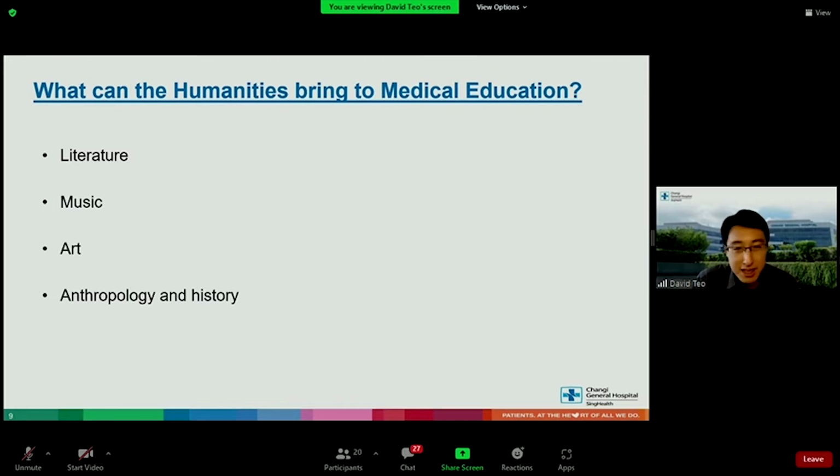And then we go on to art. I think art interpretation has also been written about in the literature. It can foster greater teamwork, improve communication, curiosity, and questioning. In some of the literature that I've gone through, there are workshops where a whole department can attend together in art appreciation or interpretation.